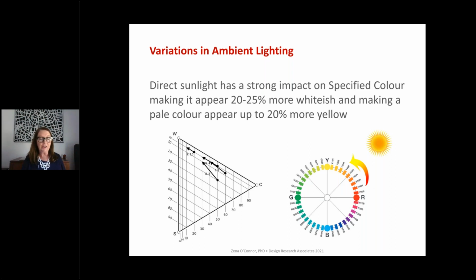In addition, in direct sunlight, perceived colour may appear 20% more yellowish if the facade colour is a pale, light-toned colour. So we've got two issues there. One is that with saturated colour, direct sunlight will make it appear slightly more whitish, and with pale colours, it may make the facade colour appear slightly more yellowish in direct sunlight. So this is some of the recent research that's been looking at the impact of direct sunlight on facade colour in real situations.